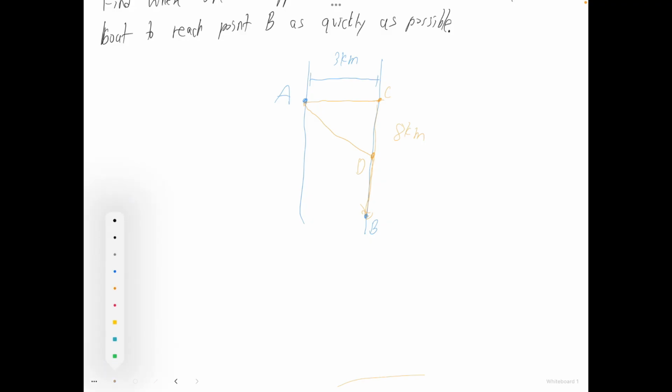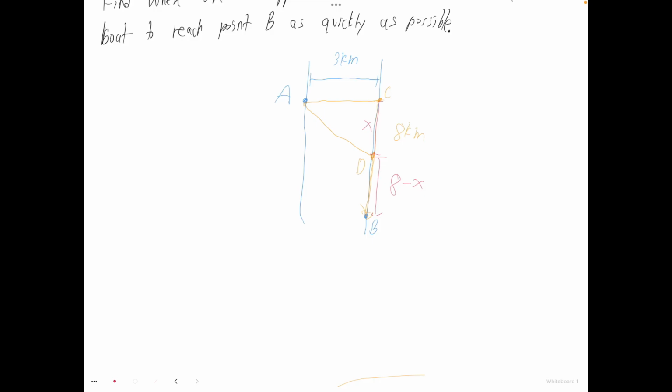So what we're going to do here is we're going to let x be the distance that she goes downstream. So it's going to be the distance here from C to D. And so the distance from D to B is going to be 8 minus x. Okay, so x is how much downstream she goes in this process of rowing.